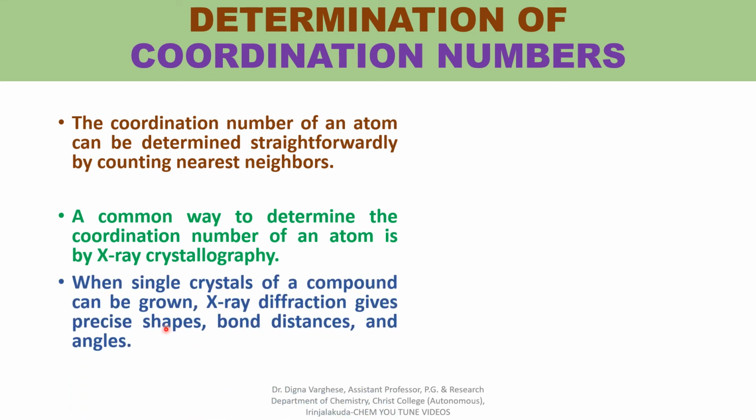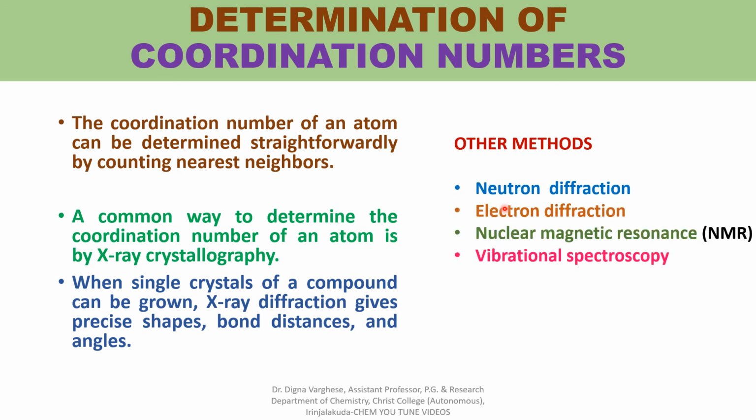When single crystals of a compound can be grown, X-ray diffraction gives precise shapes, bond distances and angles of the complex. Other methods you can use for the determination of coordination numbers: one is neutron diffraction, second is electron diffraction, third is nuclear magnetic resonance, fourth is vibrational spectroscopy, and the next is electronic spectroscopy.